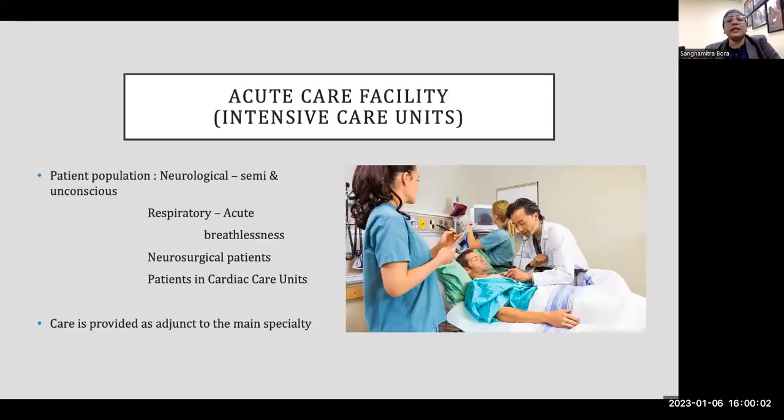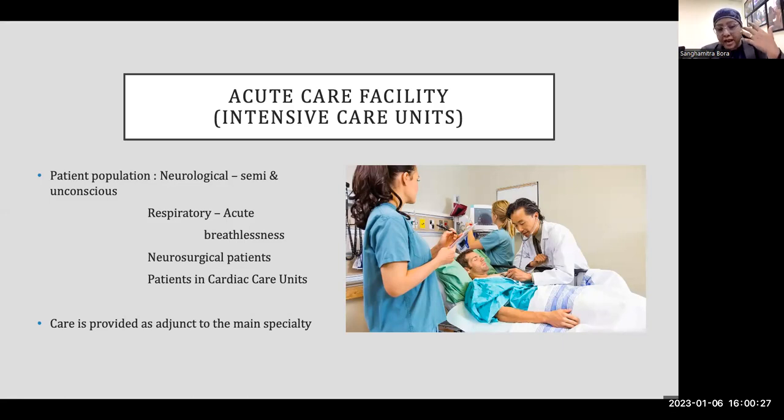Acute care facilities: the neurological semi and unconscious patients, patients with acute breathlessness, the neurosurgical patients, the cardiac care unit patients, they all need acute care facilities. And basically, they are in the intensive care units or the high density care units. Okay.